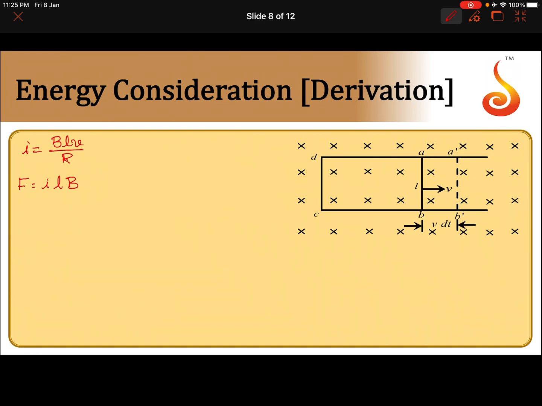Here theta is 90 degrees, so it will be ILB. So that should be equal to, substituting for I, BLV by R into LB. So that should be B square L square V divided by R. This is the force acting on the conductor.